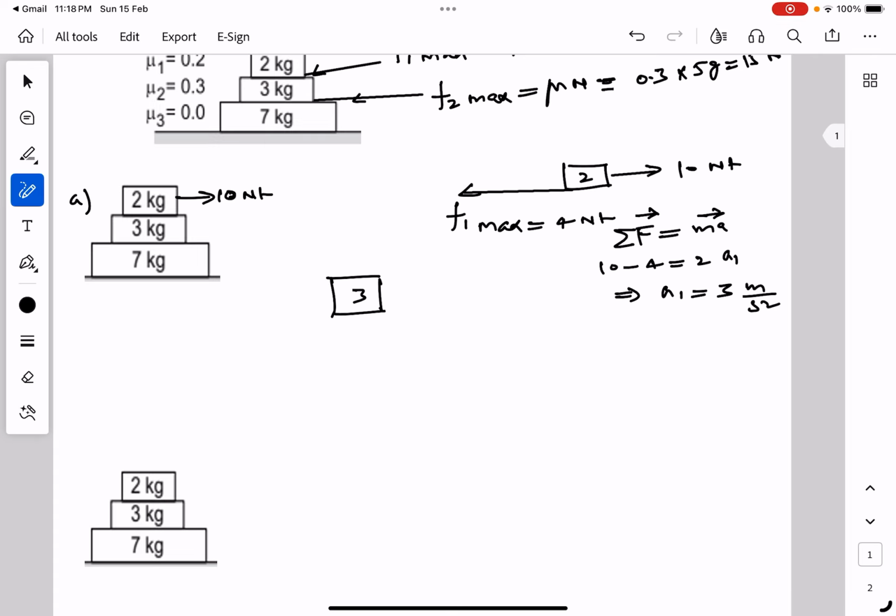So this force of 4 Newton which was acting on 2 kg block in the backward direction will act on 3 kg block in the forward direction. Static frictional force F2 will act in the backward direction.